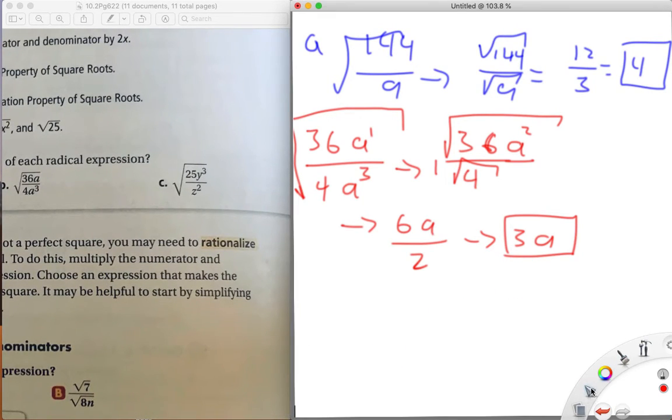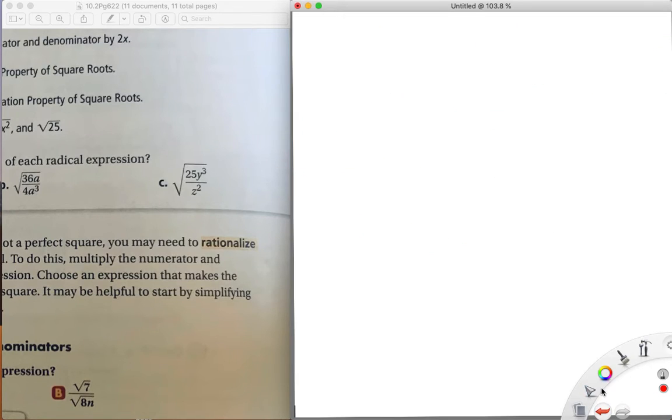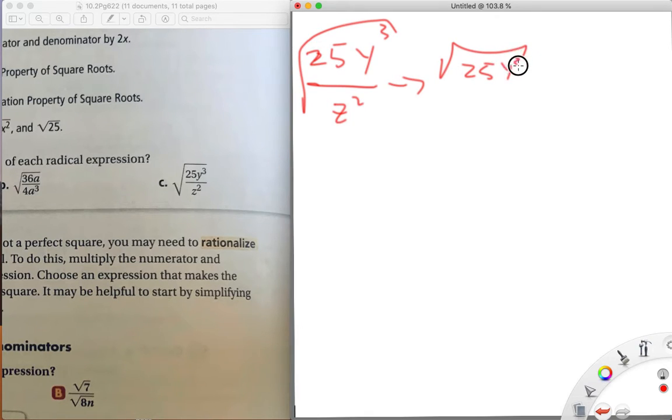This guy, I have 25y cubed over z squared rooted. Here I'll root the individual 25, y cubed, z squared square root.